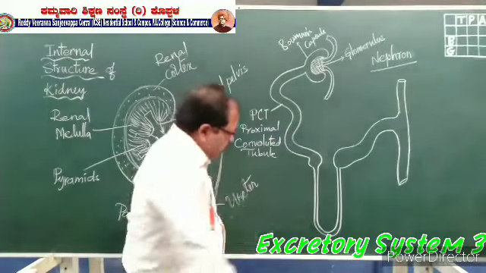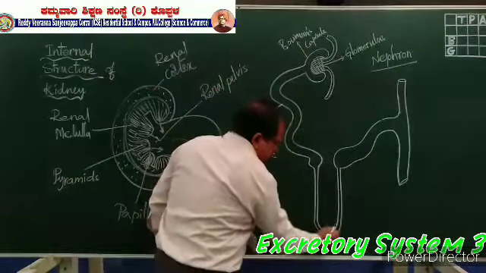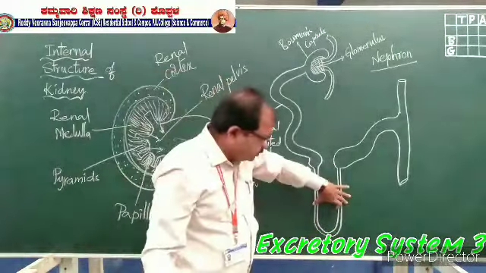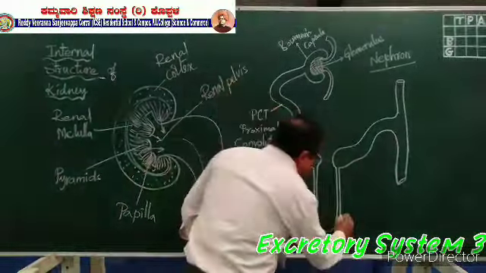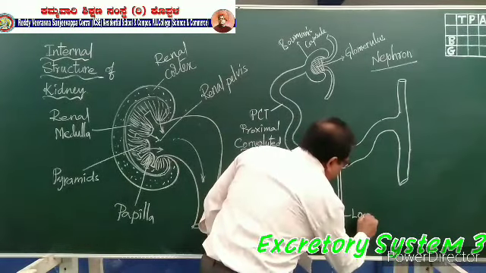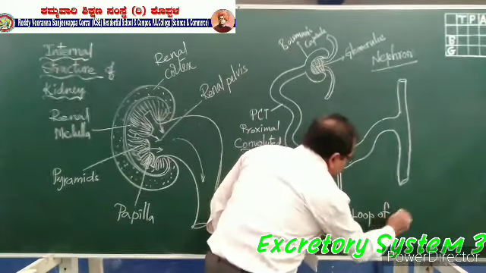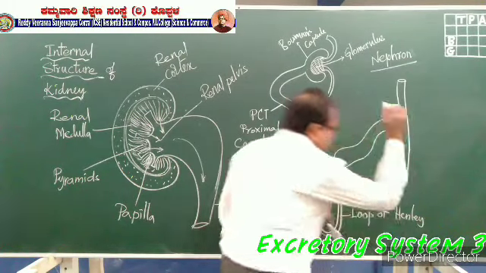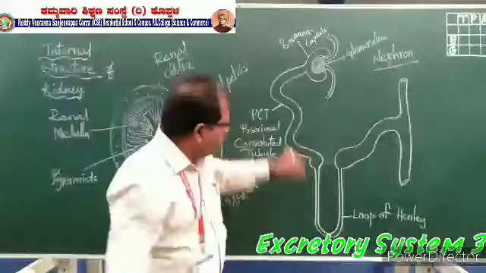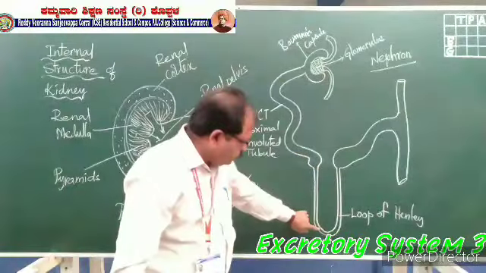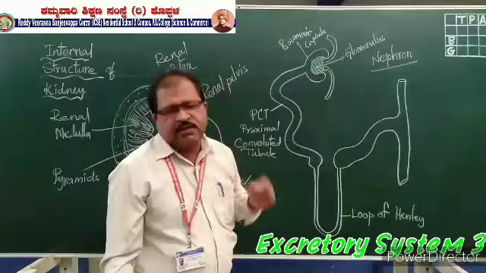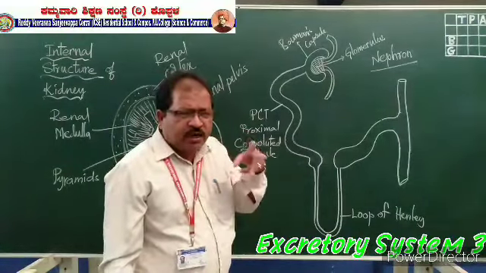towards a tube-like structure which is like a hairpin, a U-shaped tube-like structure presented here. This is called loop of Henle. The filtrate will enter into this U-shaped tube-like structure which is very thin with straight lines.